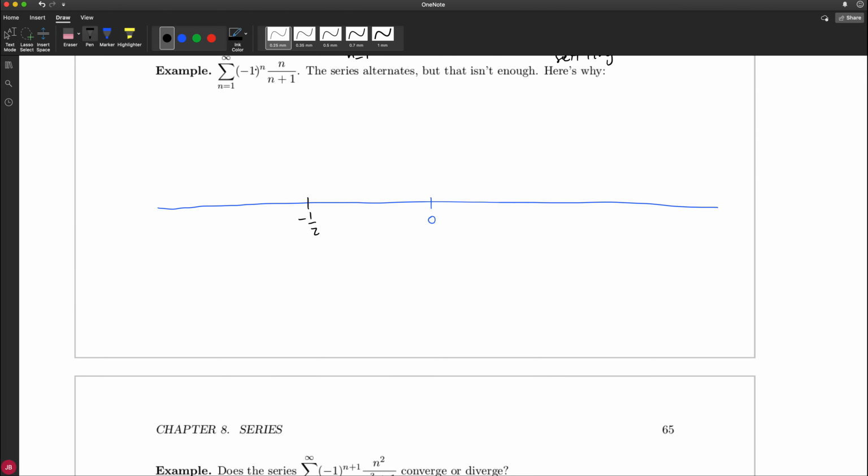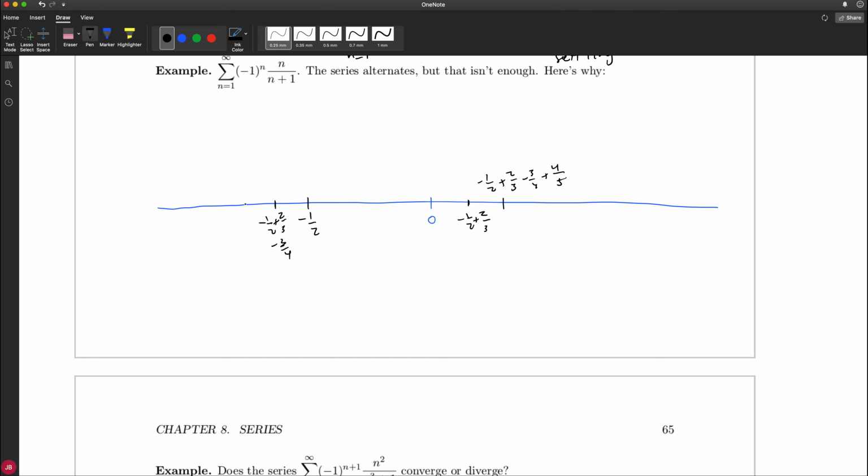So it'll be minus 1/2 plus, now plug in 2, that's a positive 1 times 2/3. So I add 2/3 to this. So minus 1/2 plus 2/3. And now to get my next one, I think you see I'm going to subtract 3/4. And now to get the next partial sum, I add 4/5.